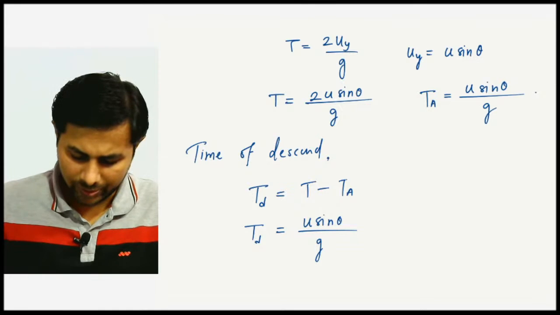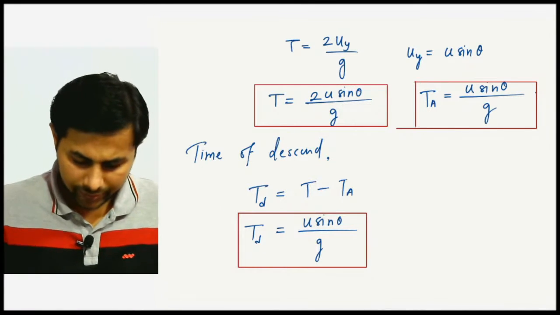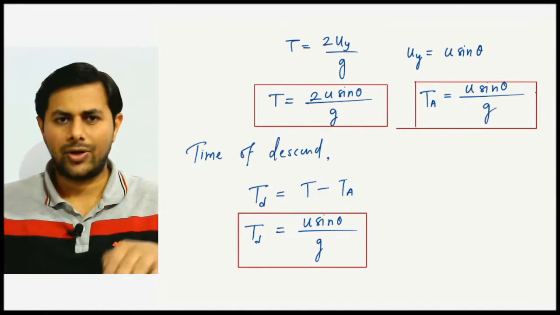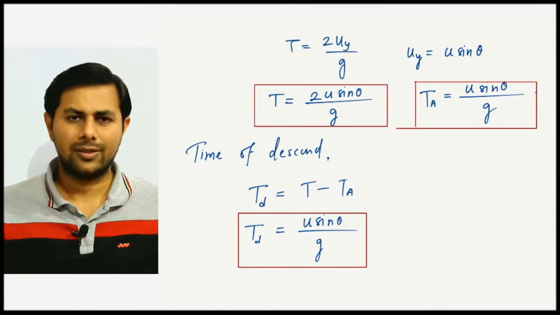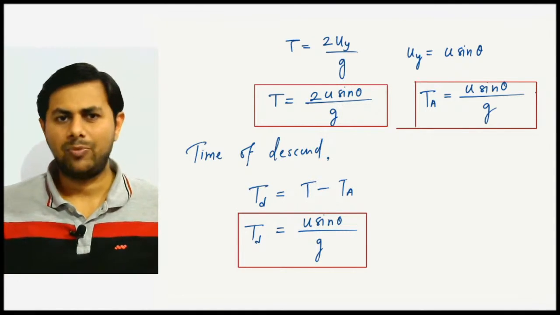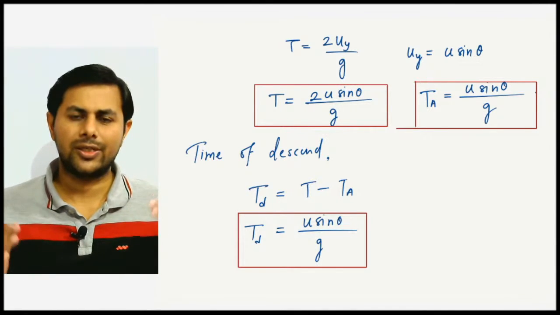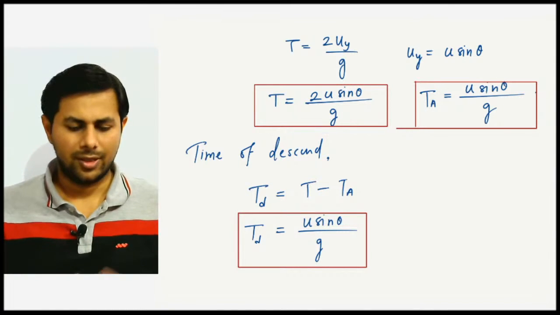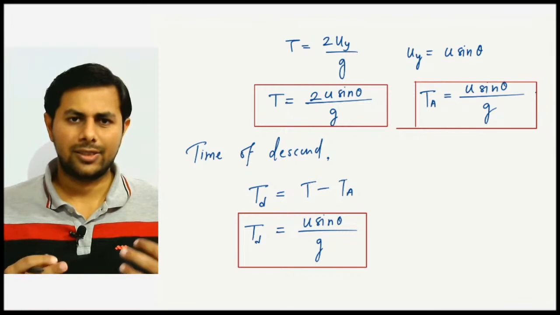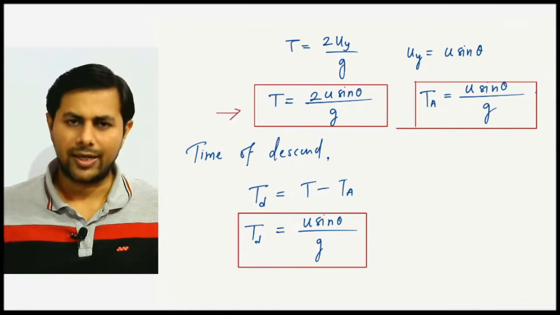So this is the time of descent. This means that if the projectile is projected on a level surface, that is a horizontal surface, then the time for which it goes up is equal to the time for which it goes down. So the time of ascent is equal to the time of descent, and the sum of time of ascent and time of descent is the time of flight.